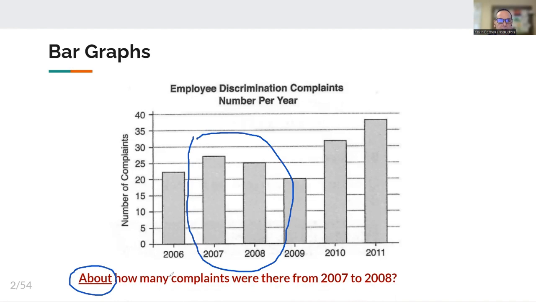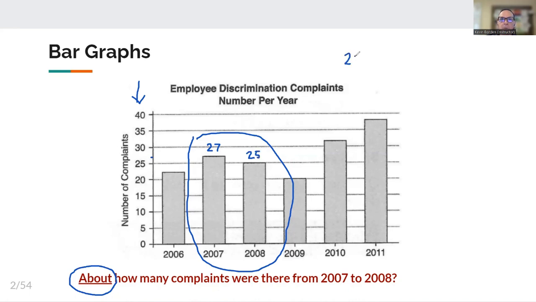And what they want us to do here is to add these two together. In order to add them together, we have to guess a little bit. How high is this bar? And we're looking over at this scale here. We look over here and we'd say, well, it seems to be about 27, I'd say. 27 complaints. And 2008 is a little bit easier to read. That looks like that's exactly 25.